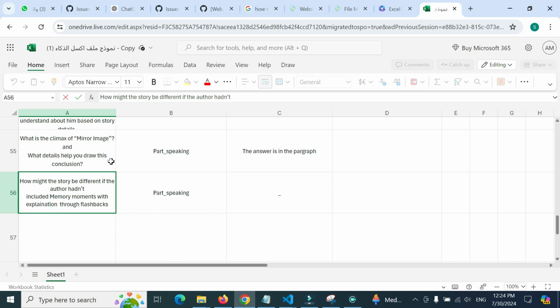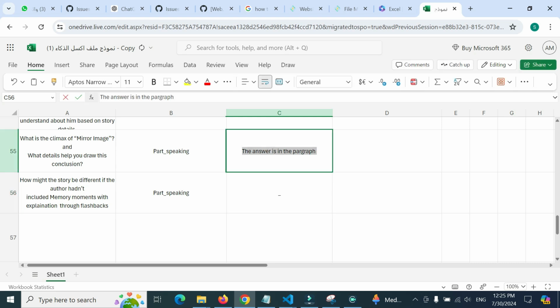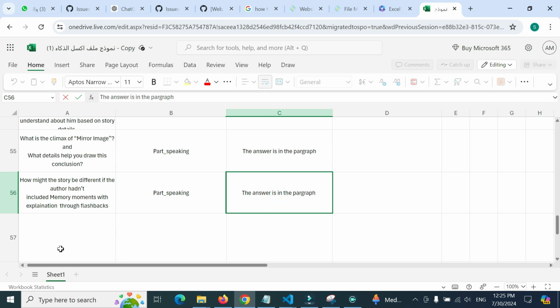We can't include the entire story because it's too big, and in the same way, we can't just put a precise answer because the student may answer something else. But still, I'm going with this approach, and I'm going to say the answer. It's still the best way, I believe.